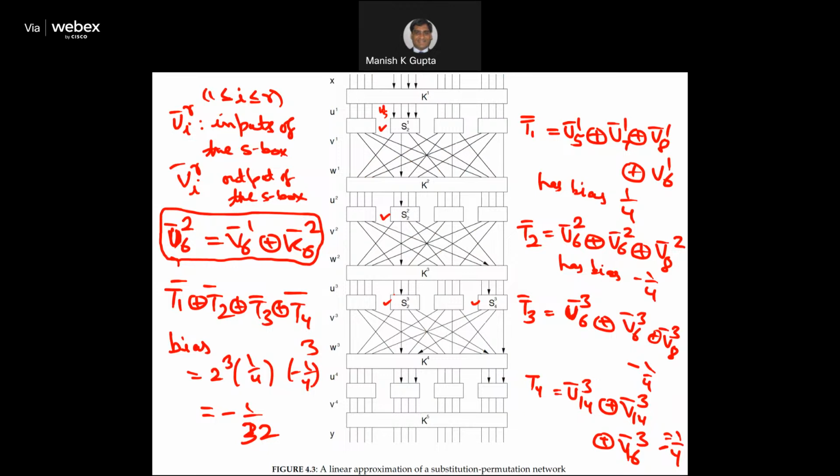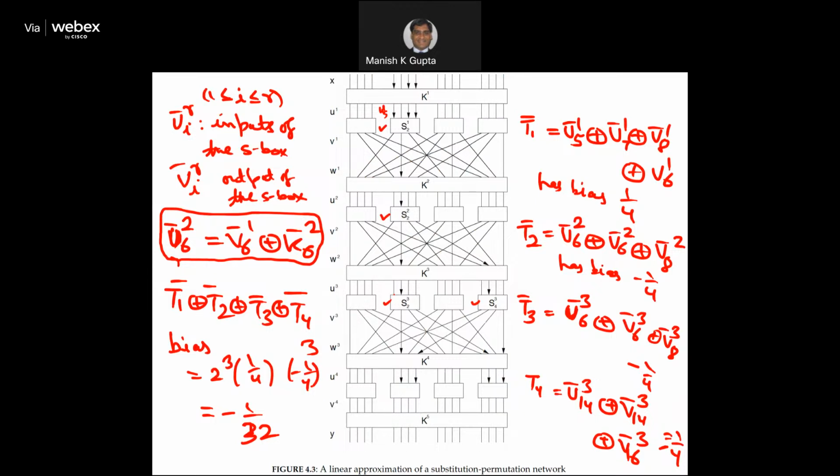So how do we read this first of all? You can see that X is the plain text. Then this K1 is our key.